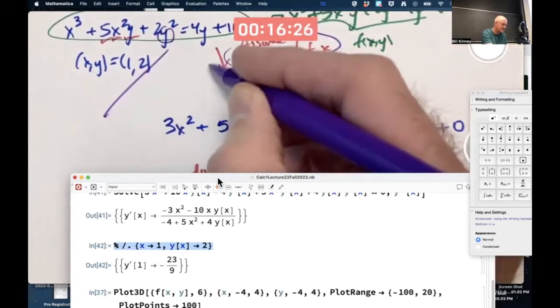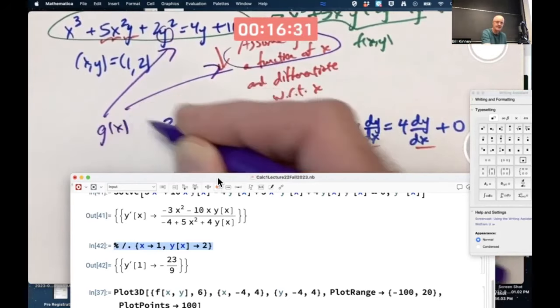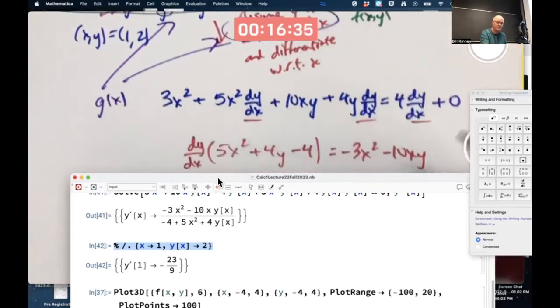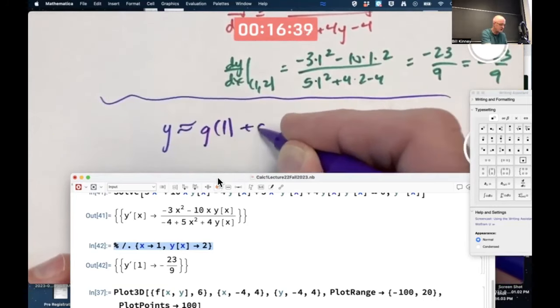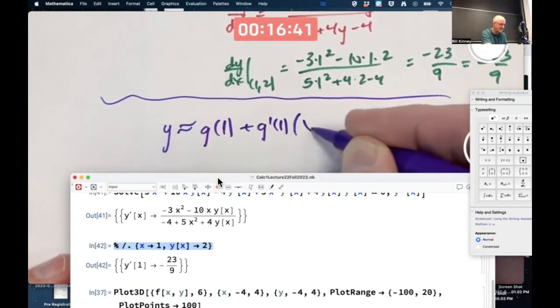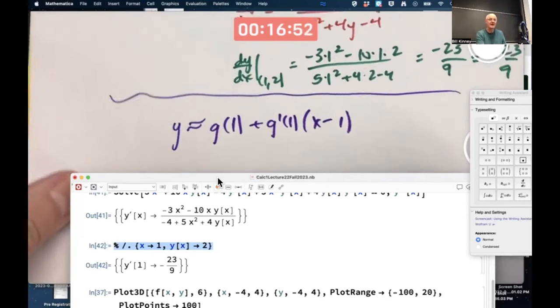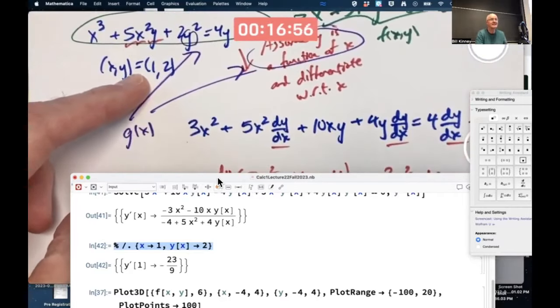Let's give it another name. Let's call it g of x, just for the sake of simplicity and to distinguish it from f, unlike what happened last Friday. y is going to be g of 1 plus g prime of 1 times x minus 1. That's using the linear approximation formula in section 3.9 with a equal to 1. Why 1? Because that's the x coordinate of the point I'm interested in. That's why.